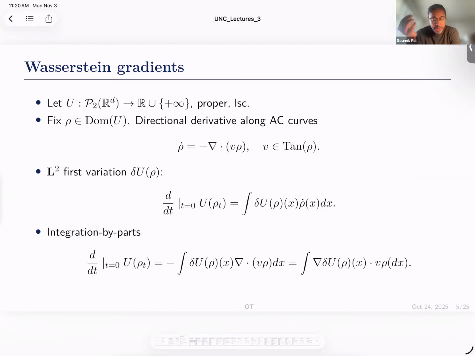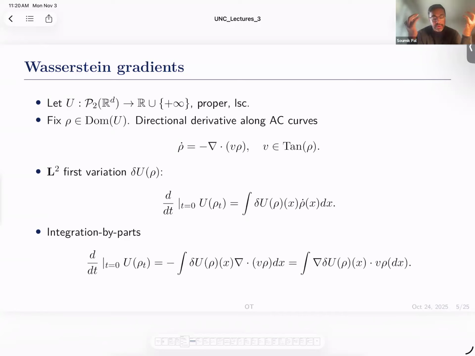So this is proper and lower semi-continuous. Proper means that it cannot be infinity everywhere, and lower semi-continuous means that it is lower semi-continuous with respect to the topology of weak convergence. So I have a function u, which is a proper lower semi-continuous function.